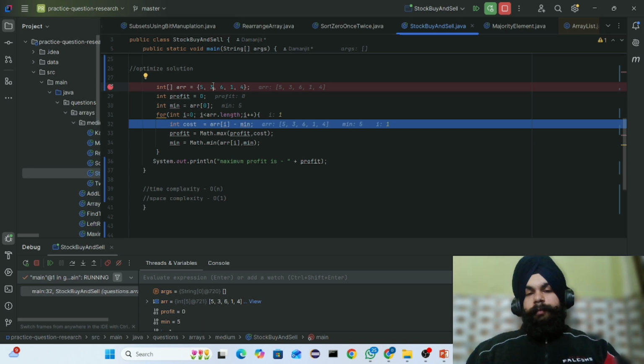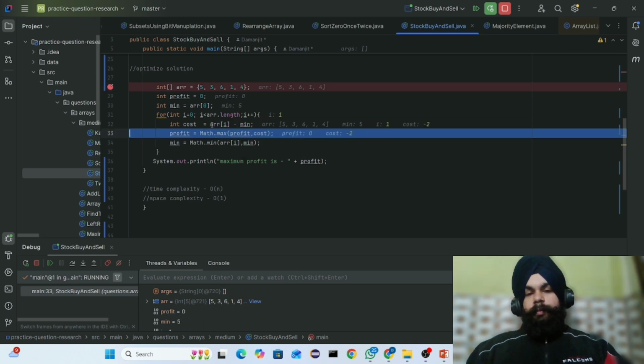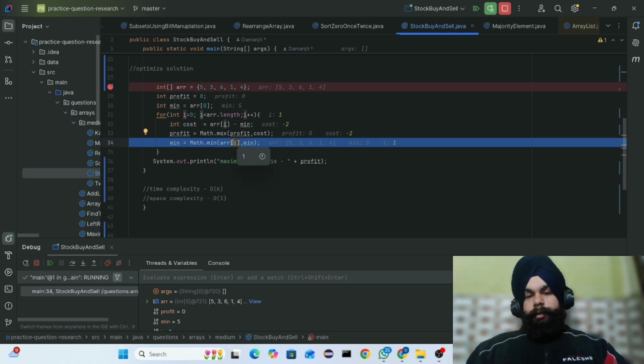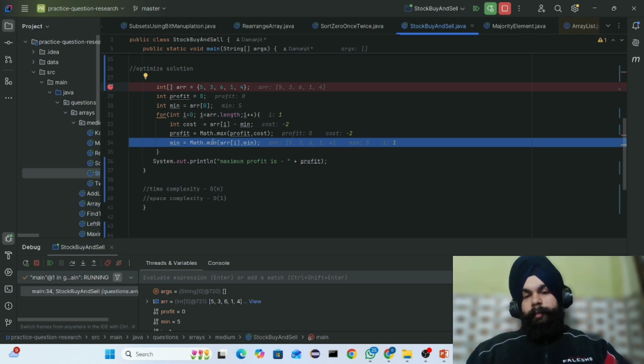and it will be 3, 3 minus 5 is minus 2, so our cost is minus 2 and our previous profit was 0, then its max will be 0, and for min, our last min was 5 and array of i is 3, so it will be 3, the minimum.